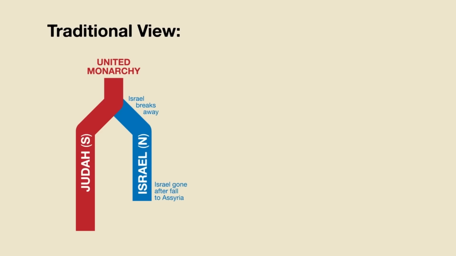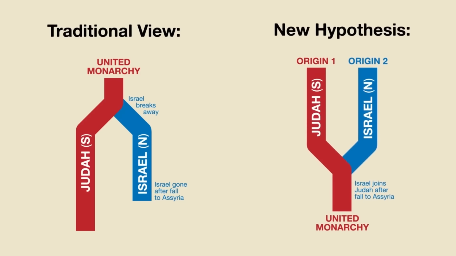Up until recently, the idea was that Israel was a united nation first and then a divided nation second, because that's what a literal reading of the Bible tells us. But as we continue to learn more from archaeology and literary analysis, we're discovering that the exact opposite was actually true.